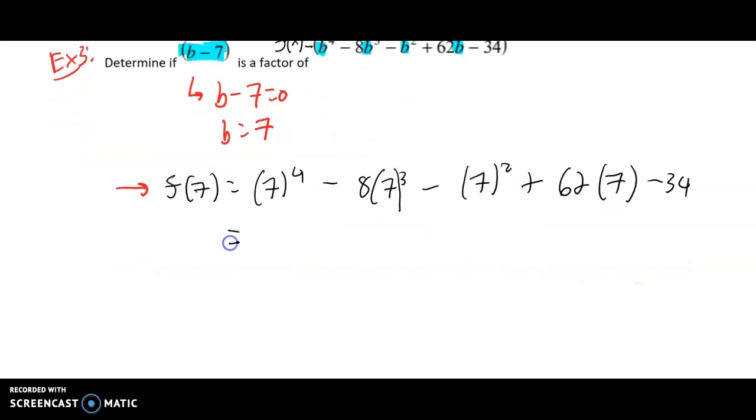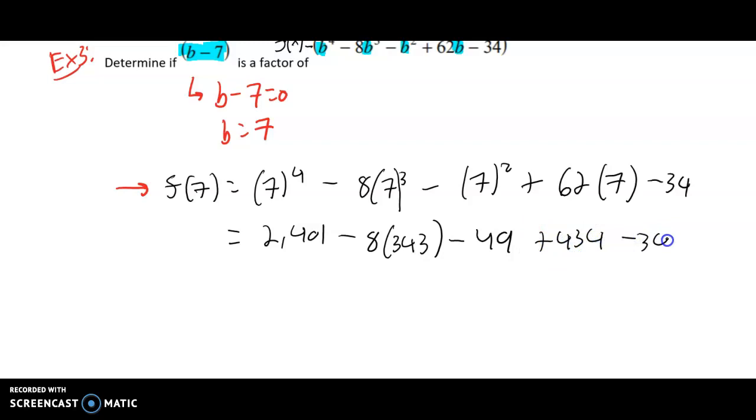Okay, 7 to the 4th is 2,401 minus 8 times 7 cubed is 343. 7 squared is 49. 62 times 7 is 434 minus 34.